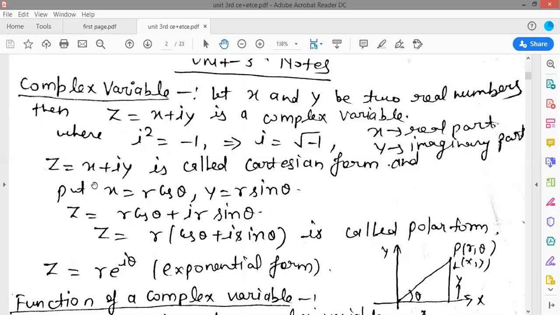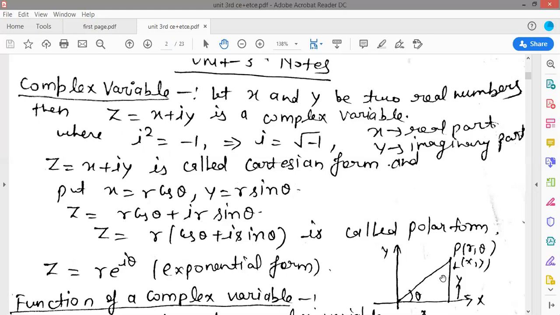Now, to convert Cartesian form into polar form, we need to find x and y. So put x is equal to r cos theta and y is equal to r sin theta. So z is equal to r cos theta plus i r sin theta. And these values of x and y are coming from this figure.